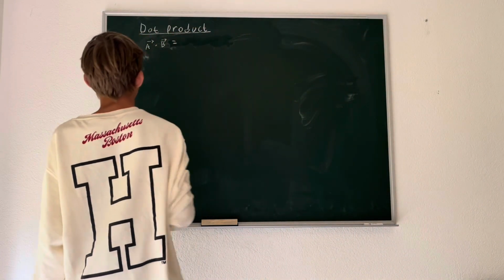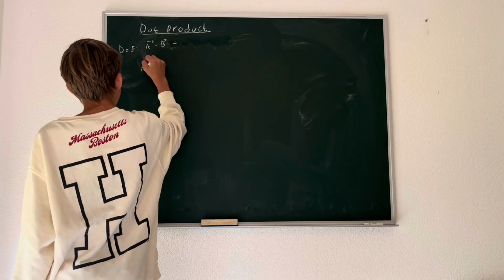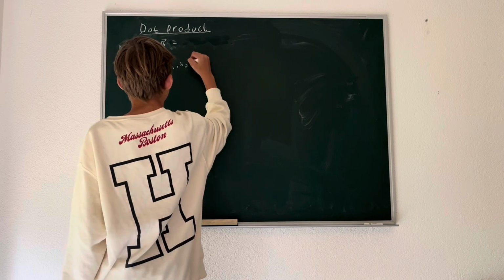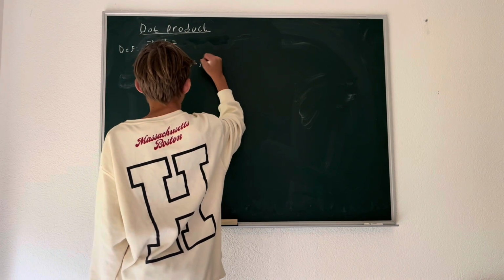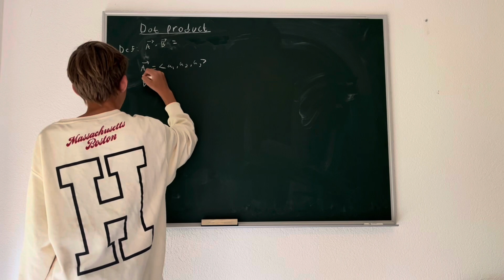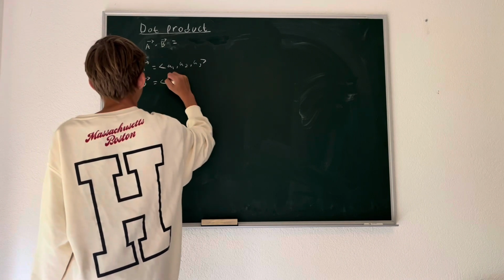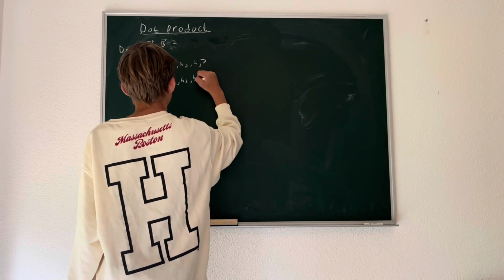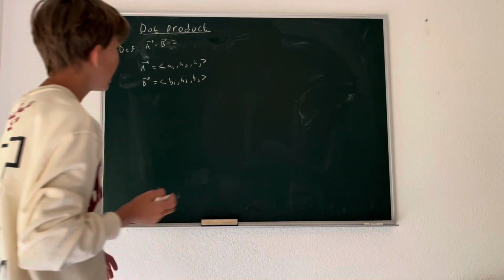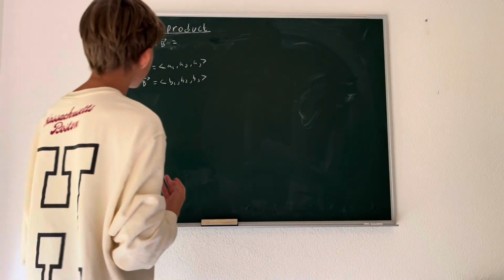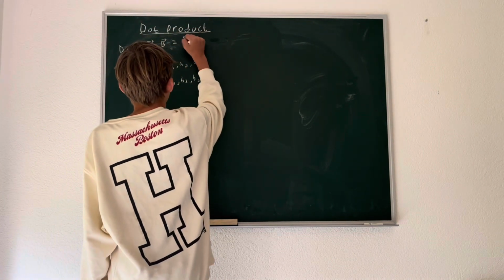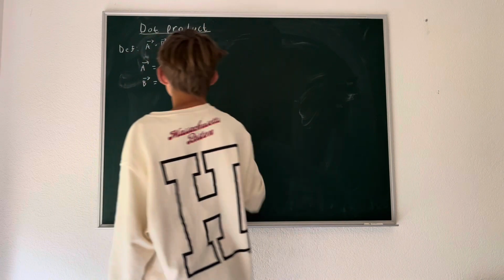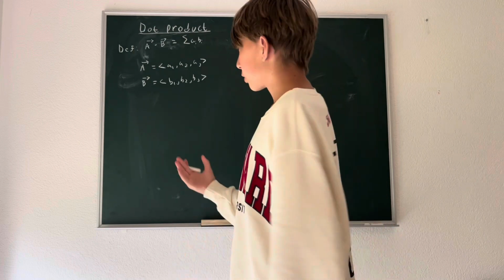If A has components A1, A2, A3, and B has components B1, B2, B3, then the product is just going to be the sum of AiBi, in the respective components.